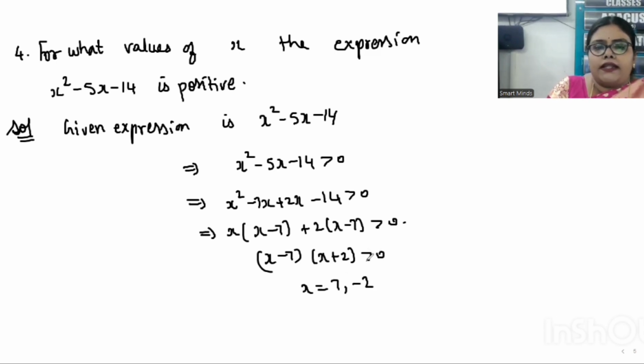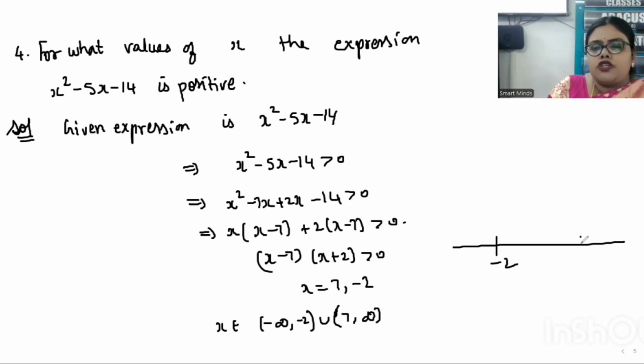But when it is greater than 0, what is the range? x belongs to minus infinity comma minus 2 union 7 comma infinity. What does that mean? That means it doesn't lie between minus 2 and 7. Between this limit, it doesn't lie. It lies less than minus 2 and greater than 7. Got it?